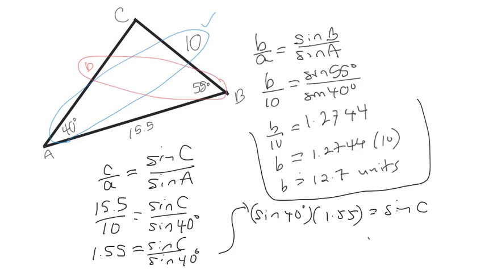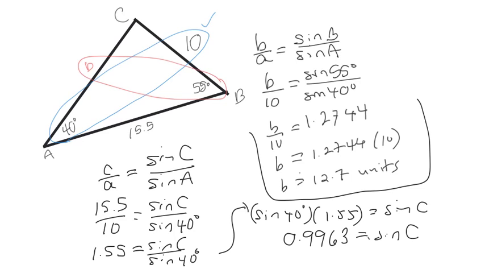Alright, get out my calculator, and I find that the left-hand side is 0.9963, and that will equal the sine of C. And so now I have to undo this sine function here, and for that I will use the inverse sine button on my calculator.